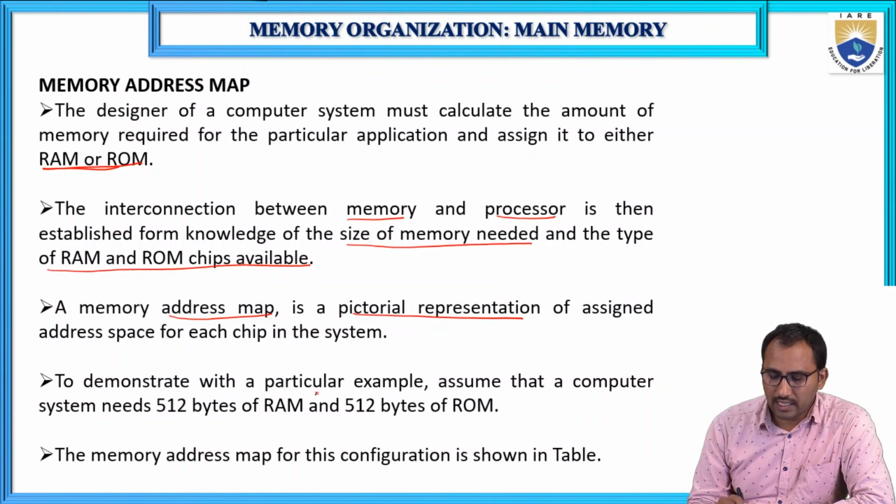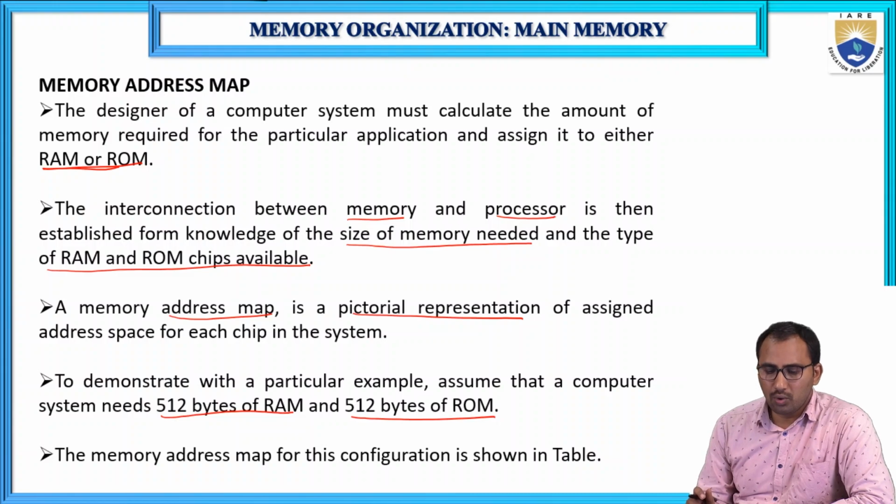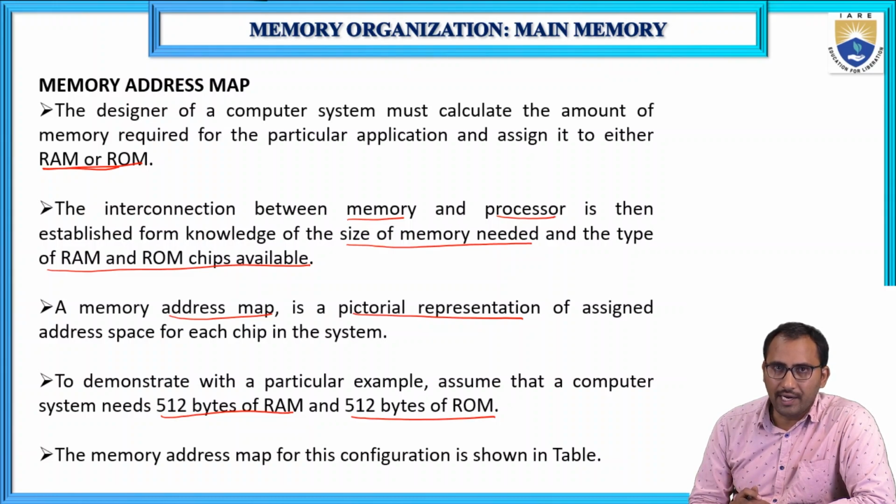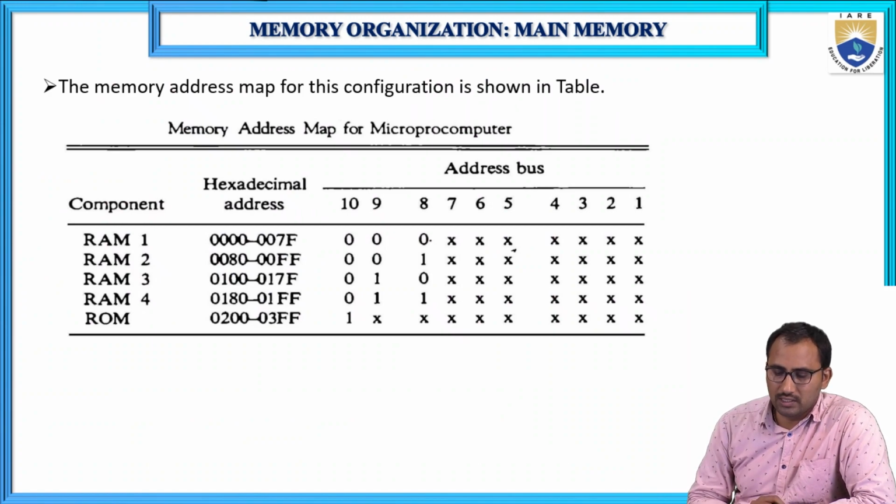To demonstrate with a particular example, assume that a computer system needs 512 bytes of RAM and 512 bytes of ROM. The memory address map for this configuration you can see here.